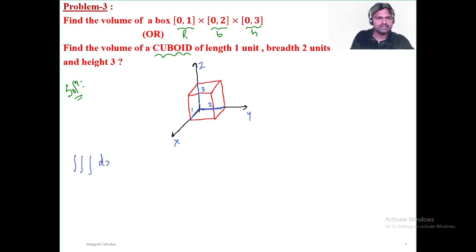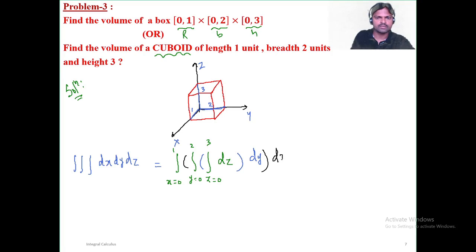So dx dy dz. Now let us apply the x, y, z limits. z is varying from 0 to 3, and y is varying from 0 to 2, and x is varying from 0 to 1. Since I wrote z first, first with respect to z, after that with respect to y, after that with respect to x.